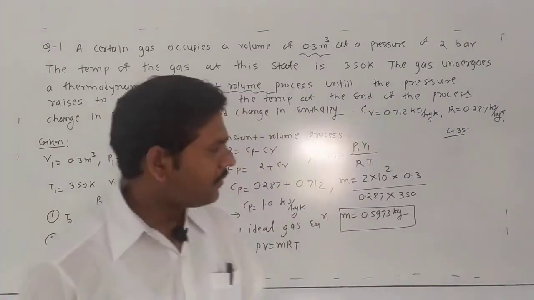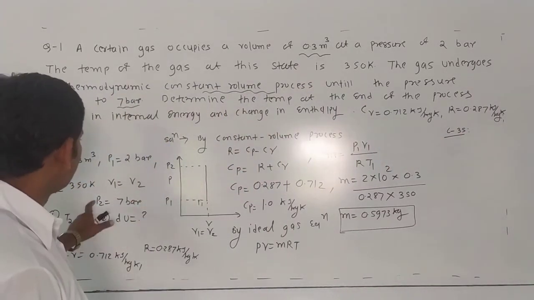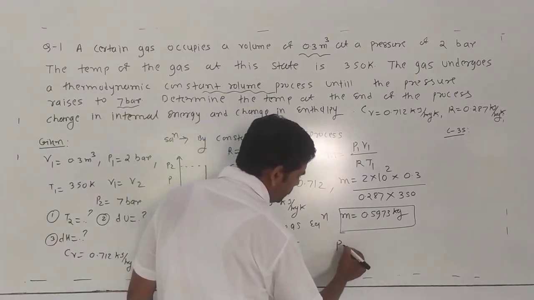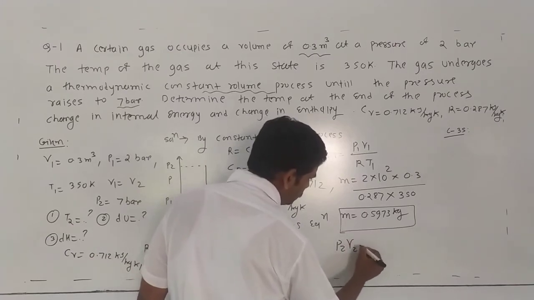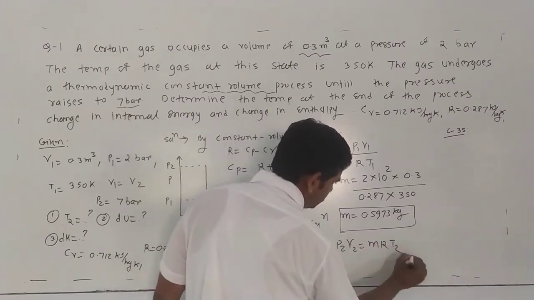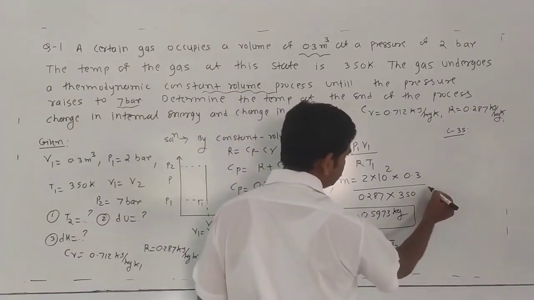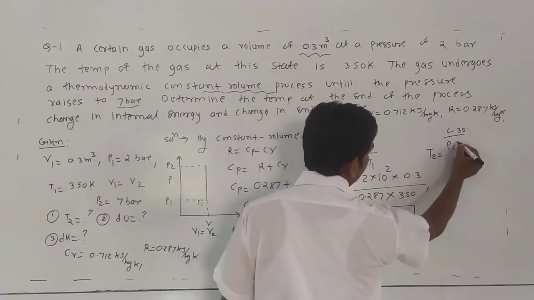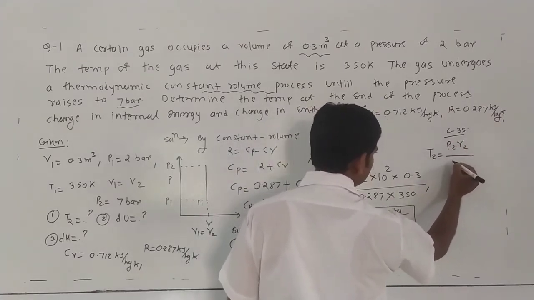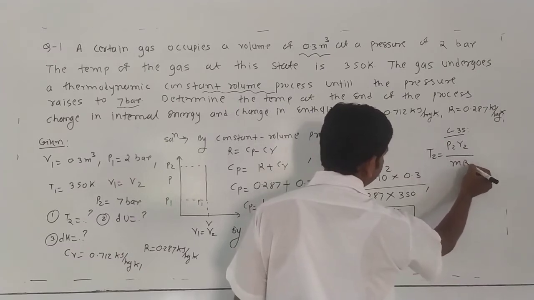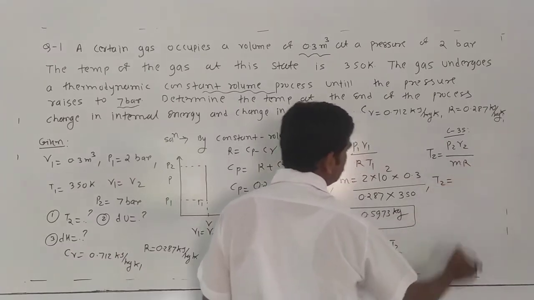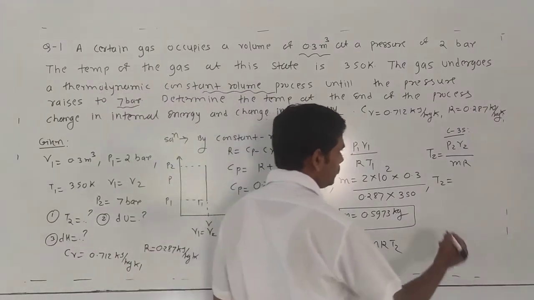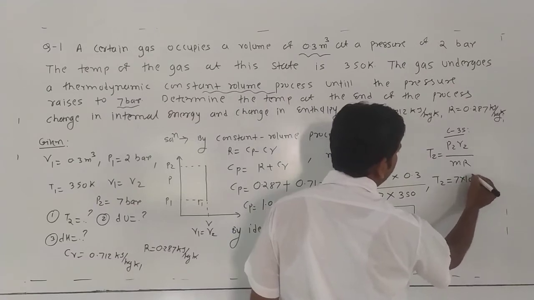Then the second parameter asked in the problem is to determine the value of T2. How can you determine it? Again PV is equal to mRT, so P2 V2 is equal to mRT2. So T2 is equal to P2 V2 upon mR. Just put the values. P2 is once again 7 bar, converted into kilopascal, 7 into 10 to the power 2.